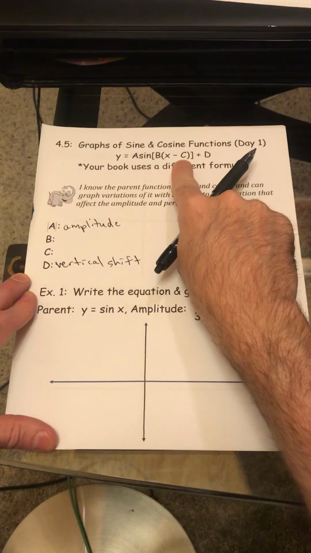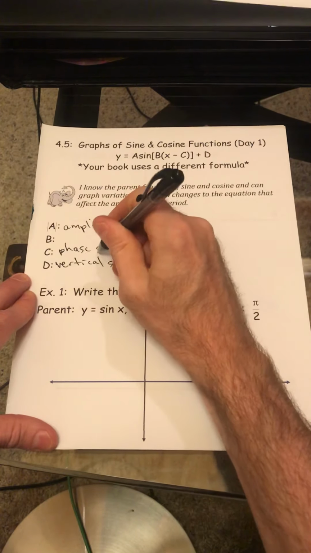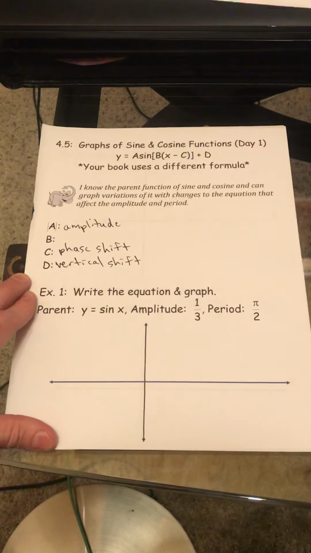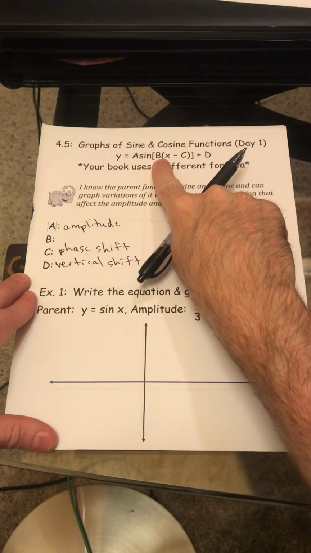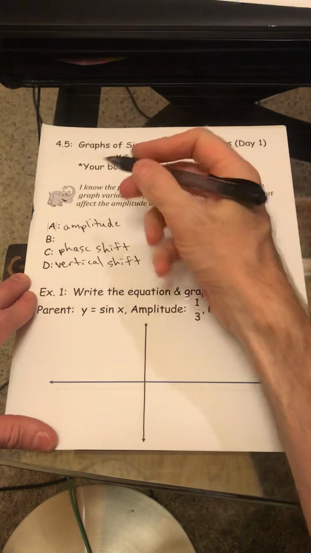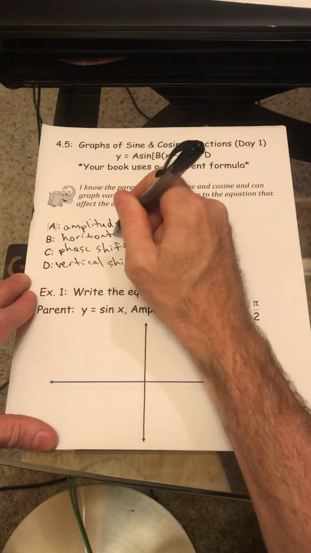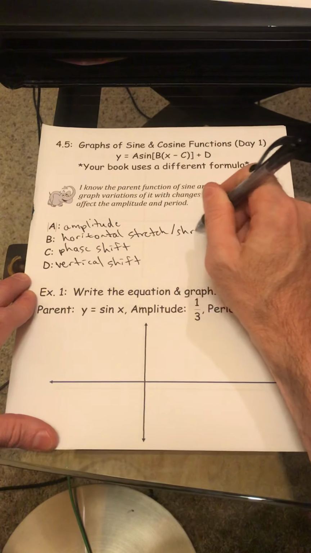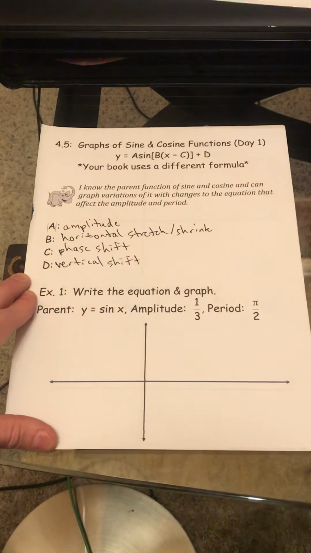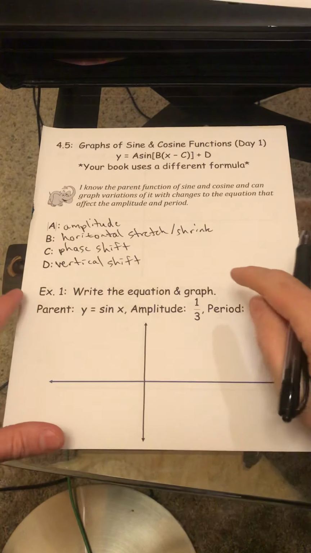C is your horizontal or phase shift. And then as far as B goes, that's going to be your horizontal stretch or shrink. And your amplitude is going to be your vertical stretch or shrink. And again, phase shift is another term for the horizontal shift.